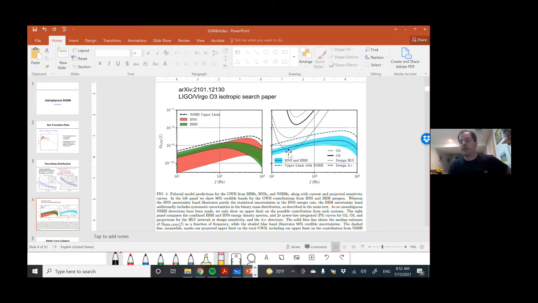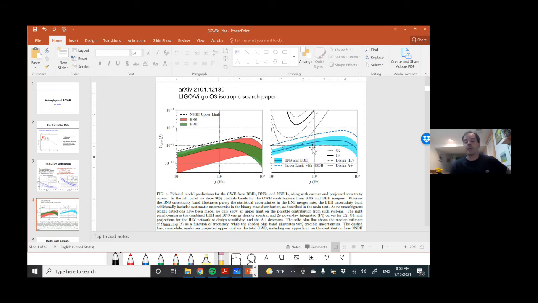And then a couple of years after that, we'll have the A+. So that's the upgraded advanced detectors. And with that, we actually hope to at least see a glimpse of the stochastic background. And the time scale for that is of order of 4 or 5 years, I think. So we think this is coming. We think that this background will be detected in the coming few years.